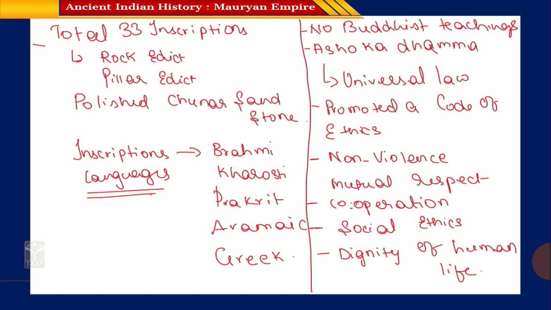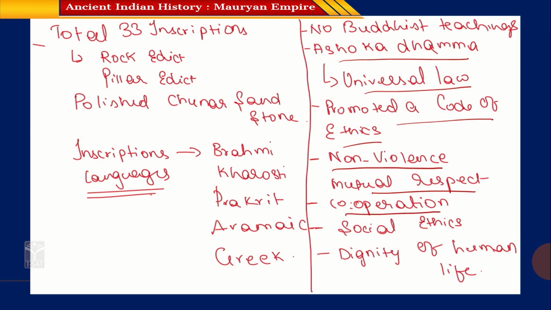Generally, all the inscriptions talk about Ashoka Dhamma. Ashoka Dhamma is basically a universal law, not similar to the Buddha Dhamma. Don't get confused here. Ashoka is a Buddhist, but he had his own idea of Dhamma. He promoted a code of conduct, code of ethics, emphasized non-violence, promoted mutual respect, and encouraged cooperation among the people of his kingdom.